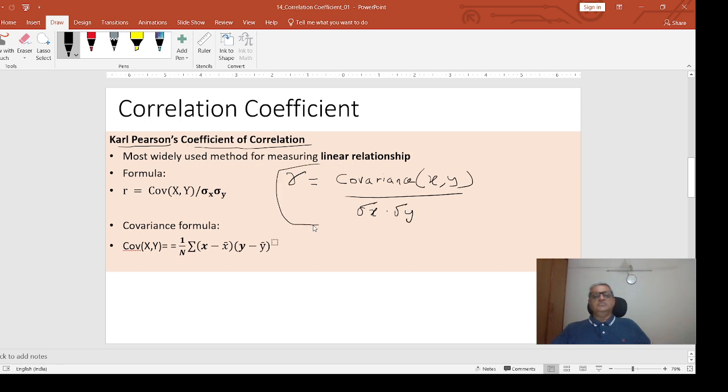This is the formula to calculate r, and here we are measuring the relationship between two variables.